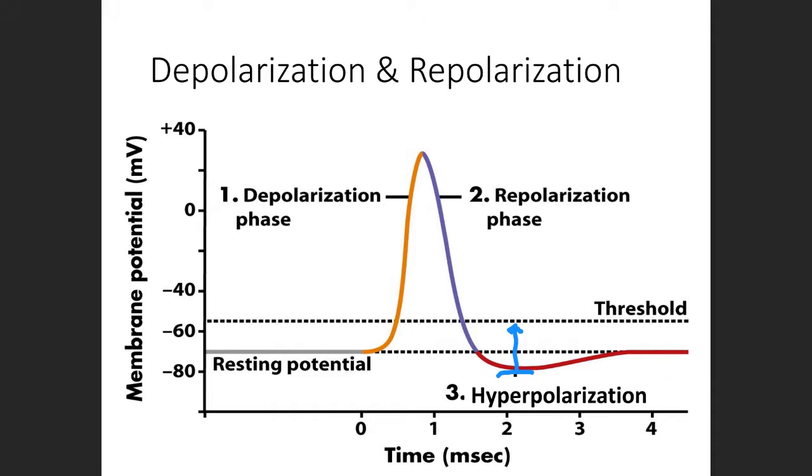So hyperpolarization, and this was one of the written response questions from the first unit. Why is hyperpolarization important? There's two reasons. Basically, it's important because it needs to engage a refractory period, a period of time where we're prevented from a premature action potential because of the large distance between hyperpolarization and threshold levels.